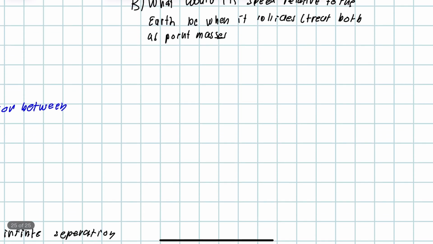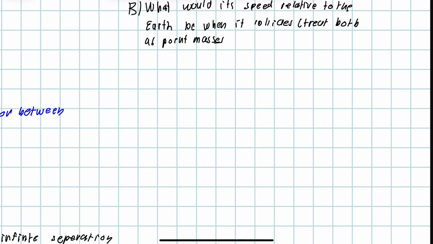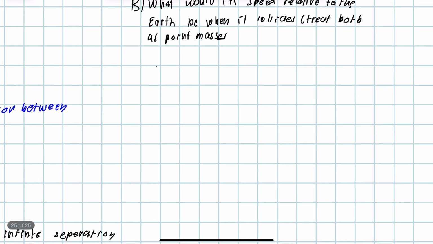Now, for the speed of the moon when it collides with the Earth, you have to use energy conservation. And that's basically going to be the absolute value of U is equal to the kinetic energy.